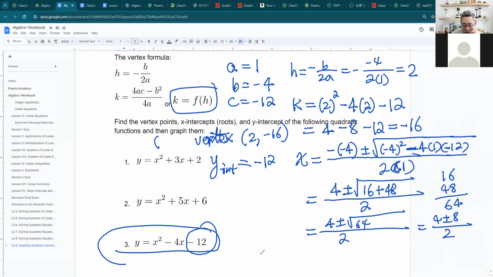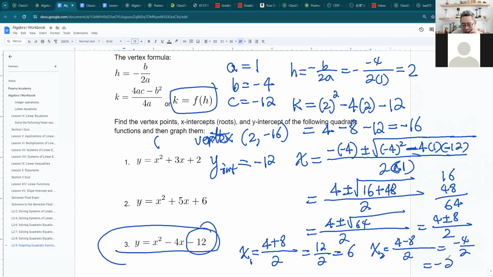So now we have two points. One is 4 plus 8 over 2. That is 12 over 2, that gives us 6. The other one is 4 minus 8 divided by 2, which is negative 4 over 2, giving us negative 2.